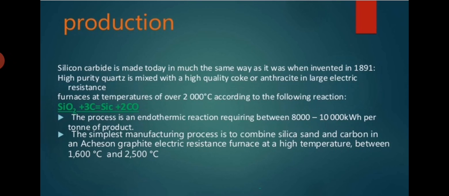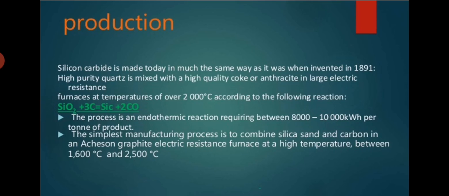First, high purity quartz is mixed with a high quality of coke or anthracite in large electrical furnaces, and the furnaces are heated to more than 2000 degrees Celsius according to the reaction: silicon dioxide plus 3 carbon gives silicon carbide plus 2 carbon monoxide.